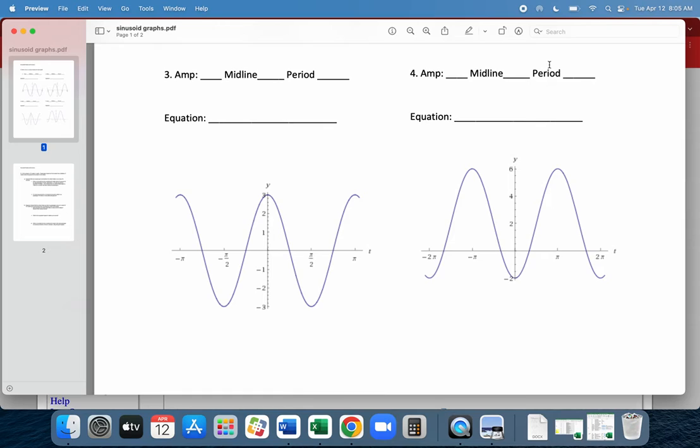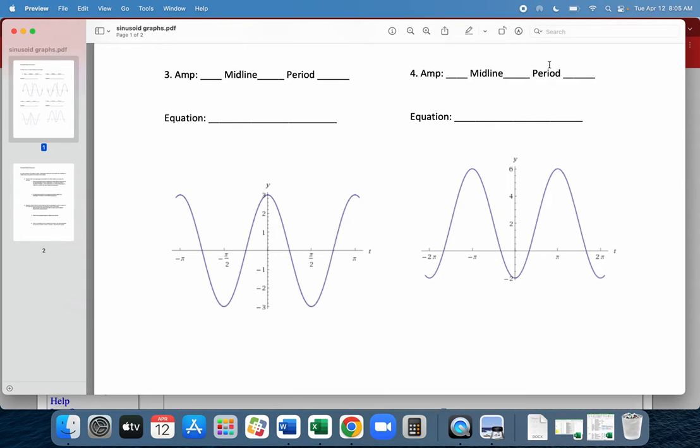That means I don't have to do anything fancy. No speeding up or slowing down, no alteration inside the parentheses to the angle, as long as I use a cosine function, so I'm not shifting this anywhere. I just have an amplitude of 4 and a midline of 2 to account for. Let me call this j of theta, I guess, since I've used f, g, and h. I is not a good idea.